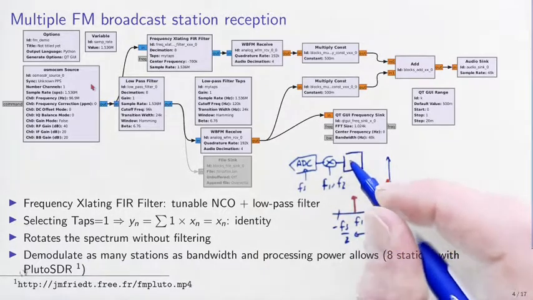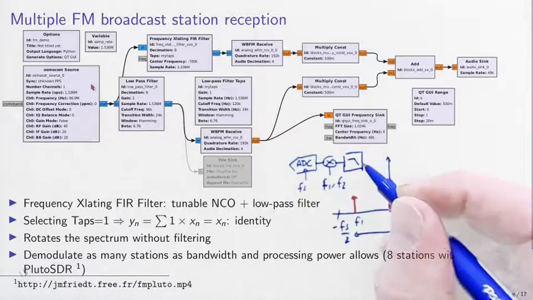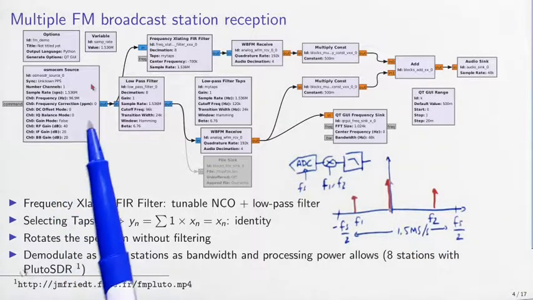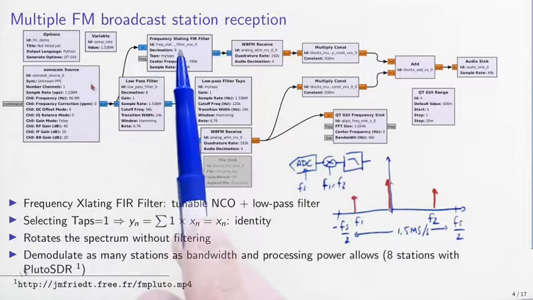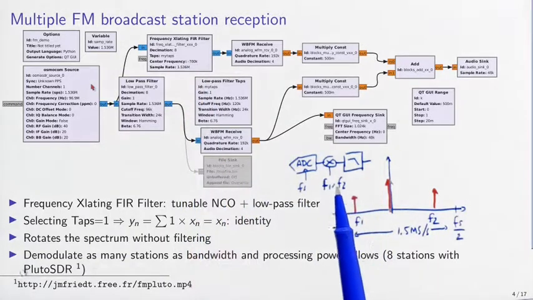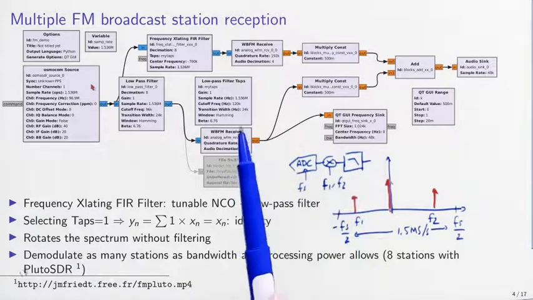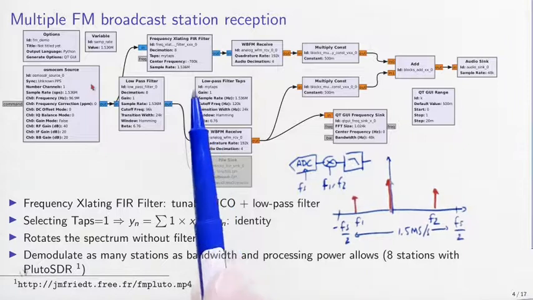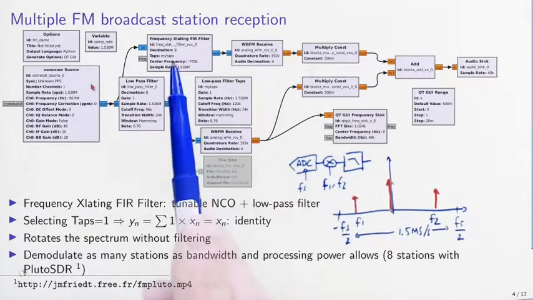This is such a common feature in software-defined radio that GNU Radio provides a ready-made block for doing this, the Frequency Translating FIR filter. The Frequency Translating FIR filter will provide the options of a center frequency, this is this local oscillator frequency here by which the signal will be transposed, and the taps, which are the coefficients of the low-pass filter that will be used to eliminate all the unwanted spectral components.